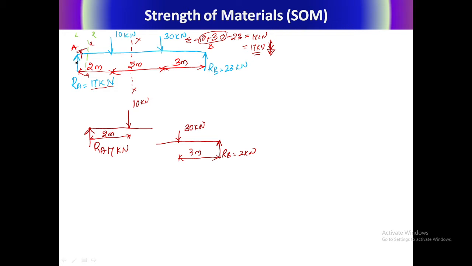Now on this left hand side, the reaction force tries to push the component in the upward direction. On the other side, the force obtained by the summation of the reaction force as well as the loads tries to push in the downward direction.